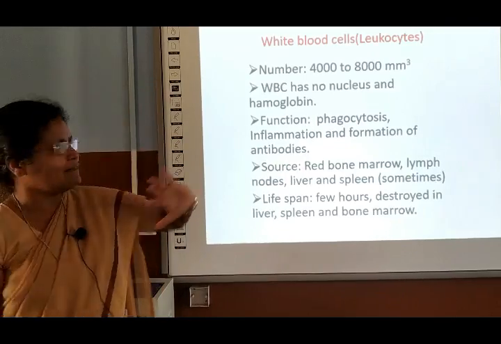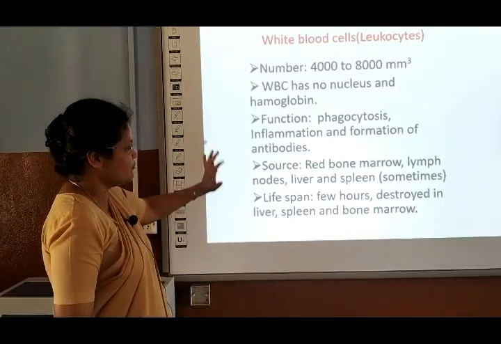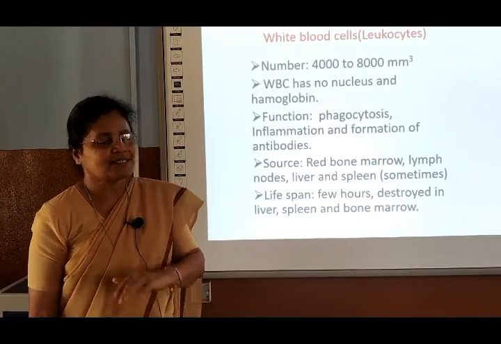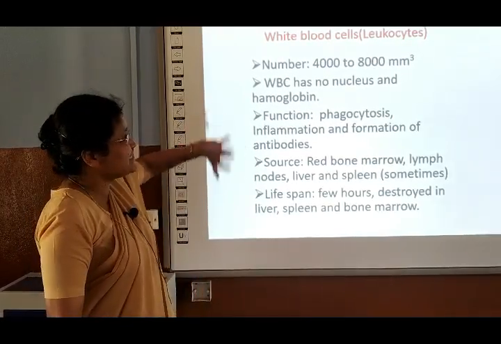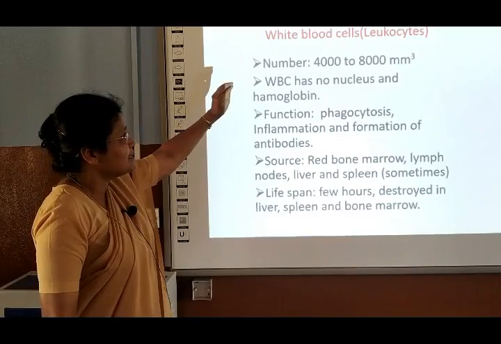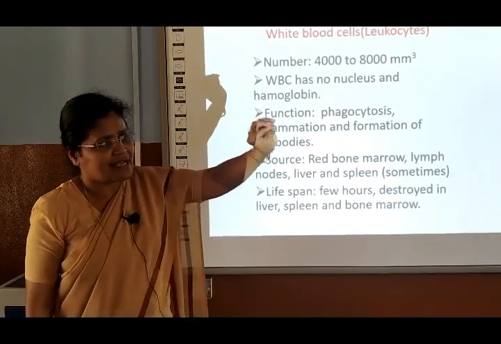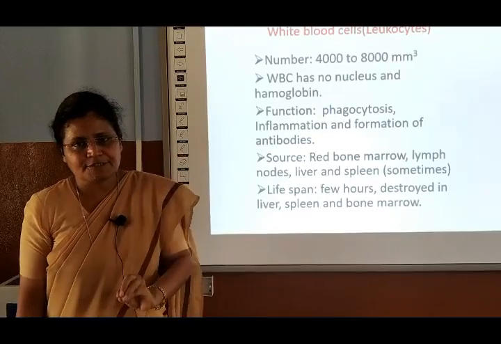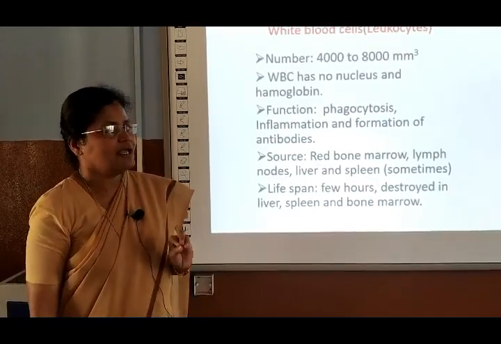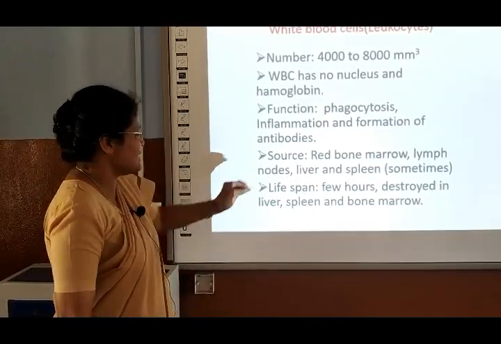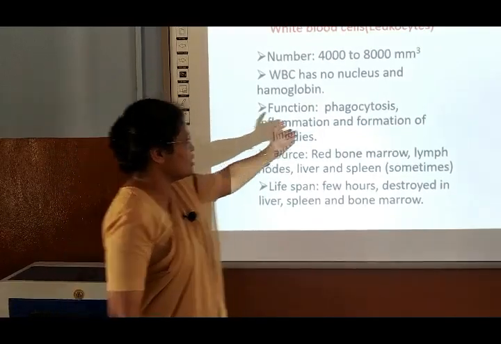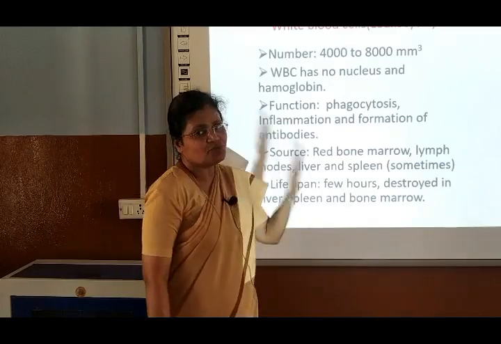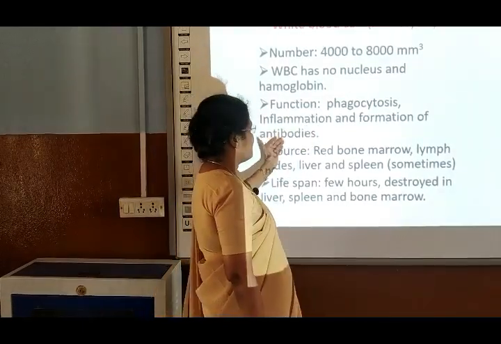Right now, in general, I will tell you what is RBC, the number, function, everything in general, and blood platelets. After that, I will teach you in more detail about each cell, that is what is azurophil, neutrophil, basophils, monocytes, lymphocytes, what is each one's function, and then the details about the functions, that is what is phagocytosis, how does that happen, what is inflammation, what is formation of antibodies.